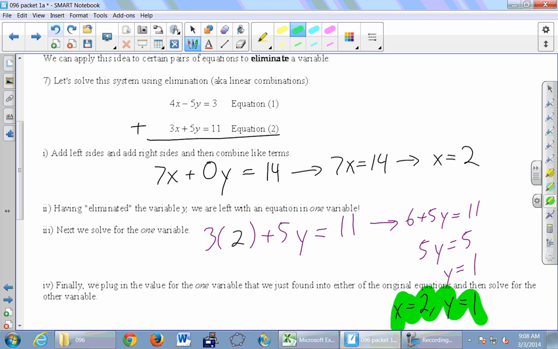I got y equals 1. Is that right? Okay. So that's it. X equals 2, y equals 1.